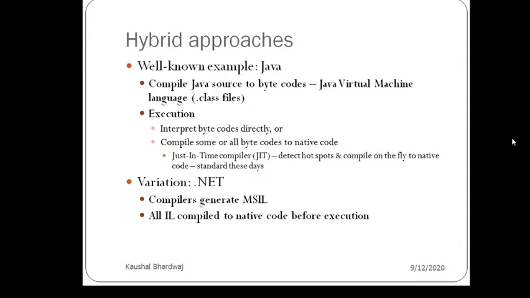So we are talking about languages like Java and .NET, which are a combination of both compiler and interpreter. We use the compiler for converting the Java source program to bytecode, and then the Java virtual machine will execute the class files.